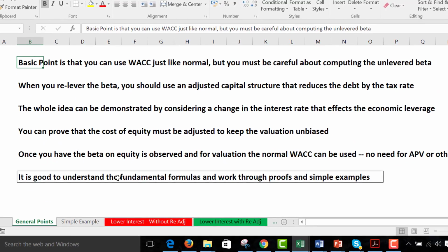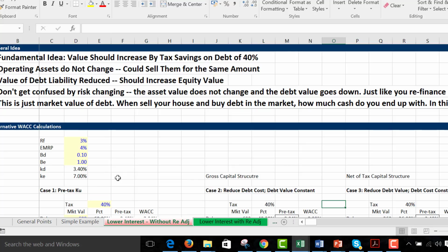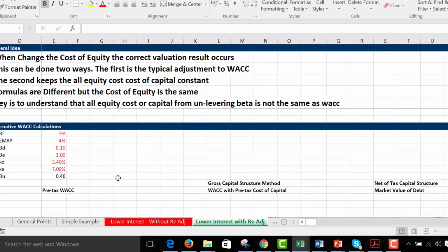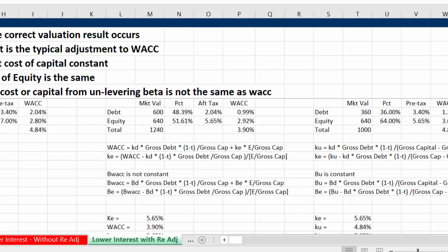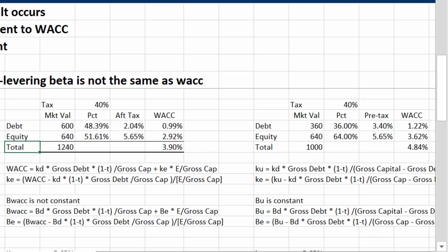Now, last time I showed you some formulas and some of these horrible articles which go through this. The key point was that if you make certain adjustments, you can apply the WACC just like you always do, as long as you get the cost of equity right.